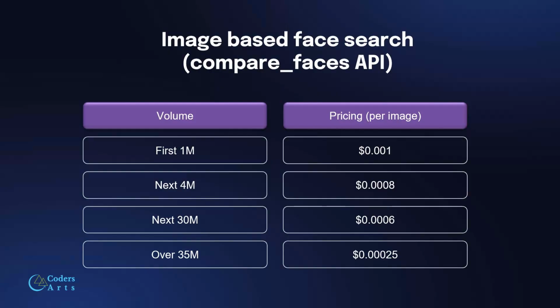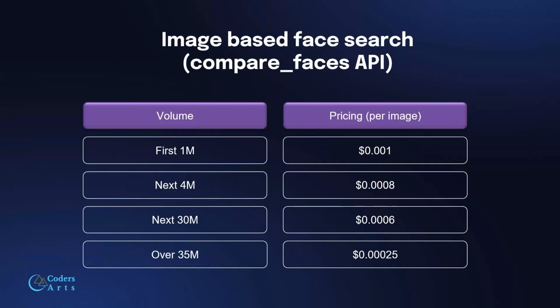And in that same month, if you exceed the limit of the first tier and move forward with processing more images, then up to the limit of the next tier, which is the subsequent 4 million images, you will be charged $0.0008 per image in that month. And so on. You can see the information of the tiers in the table on the screen. And as you can see, as the number of images that you process in a month increases, the pricing would drop accordingly.